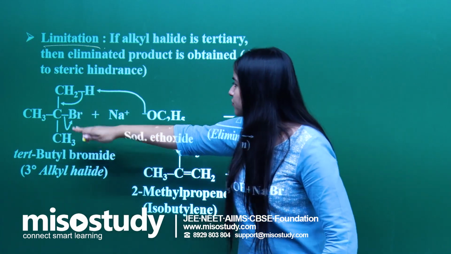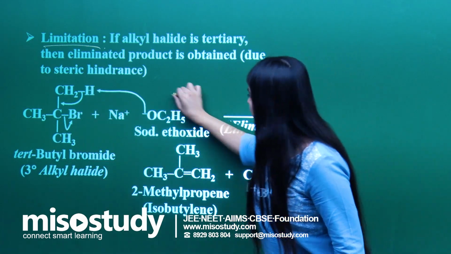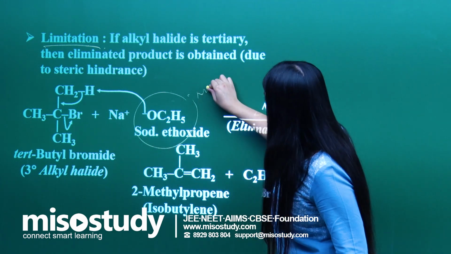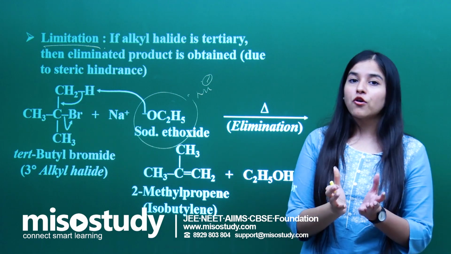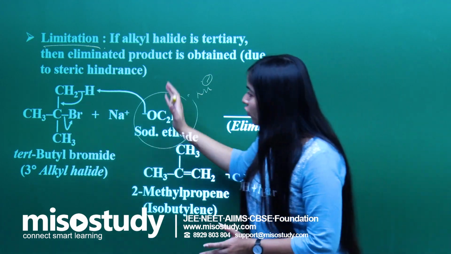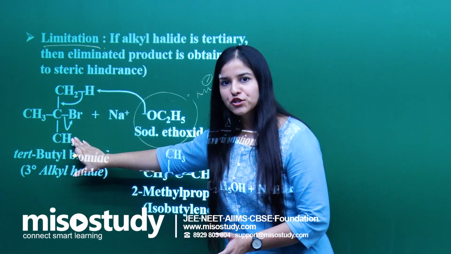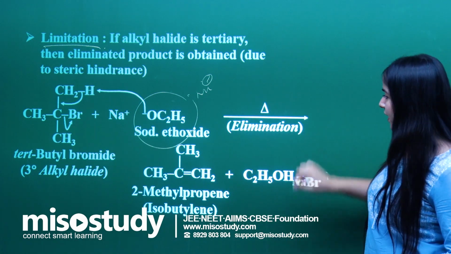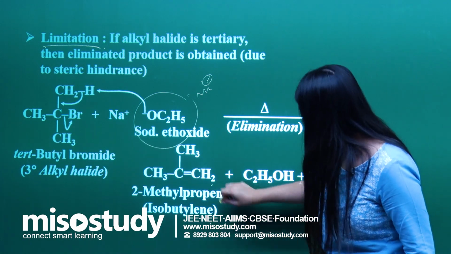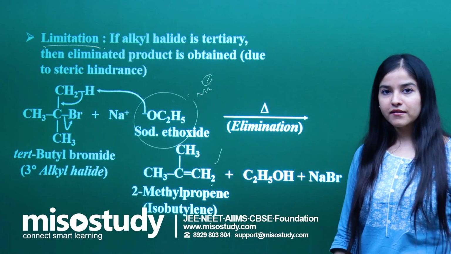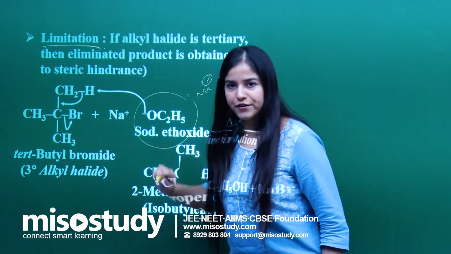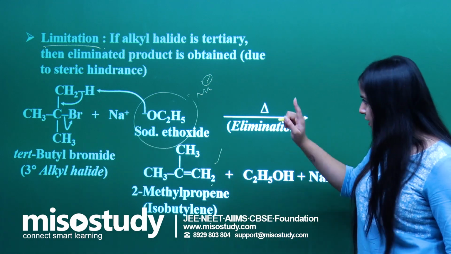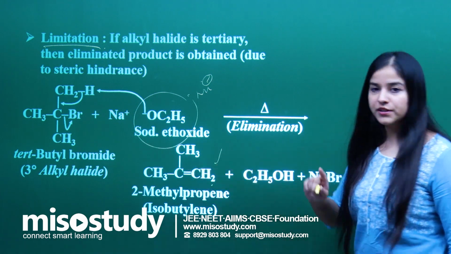Sodium ethoxide, being the nucleophile, is going to attack from the backside. Obviously due to the lot of bulkiness, not the substitution but the elimination will occur within the molecule, and I get not the substituted product, but see here, isobutylene, an eliminated product where the elimination of this hydrogen occurred and got converted into the double bond.